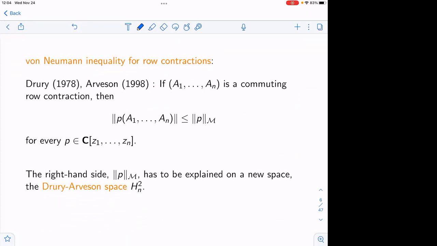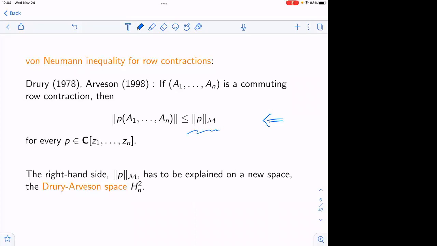If you have a tuple A1 through AN that is a commuting row contraction, then this inequality holds for every multivariable polynomial P. But what needs explanation is this norm on the right-hand side. What is this norm?